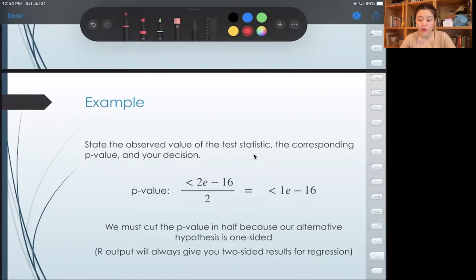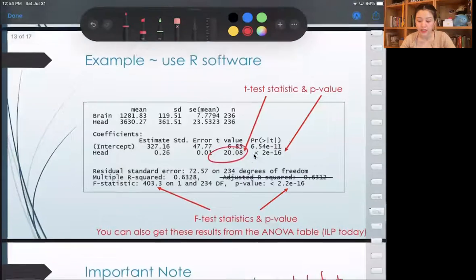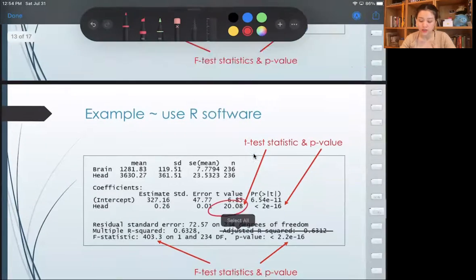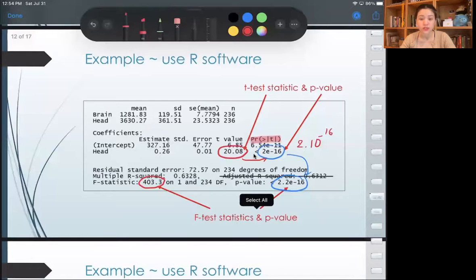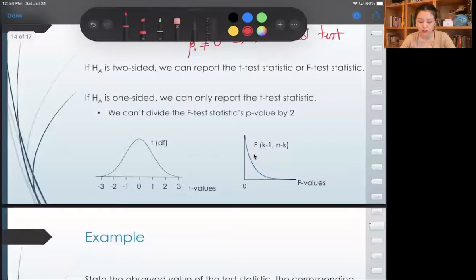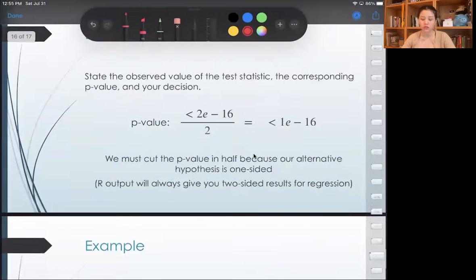And again, what I said before, this is two-sided. So we have to divide it by 2. Remember, our test is only one-sided. So we have to split the p-value in 2, which is still small, like 1 times 10 to the negative 16. Still very small.